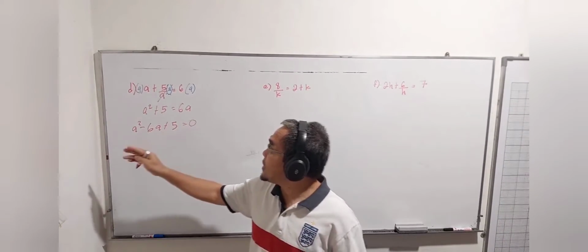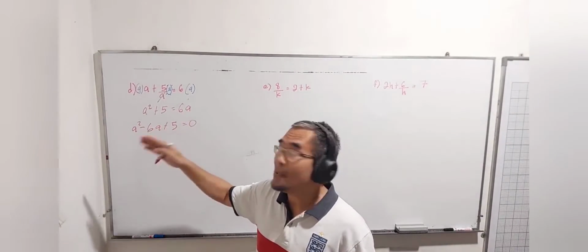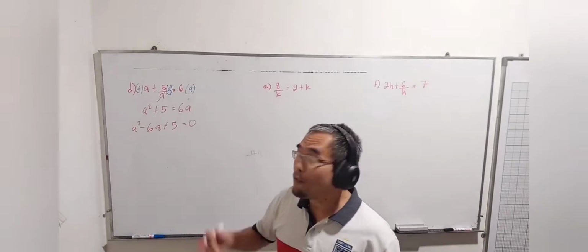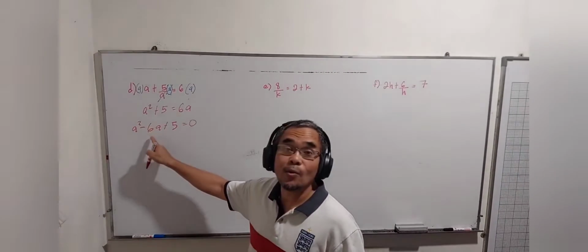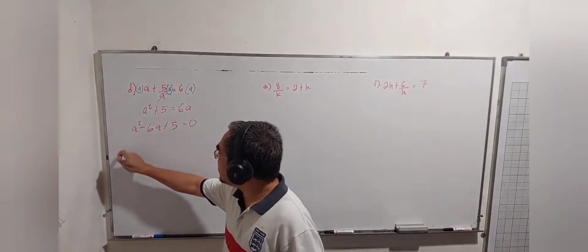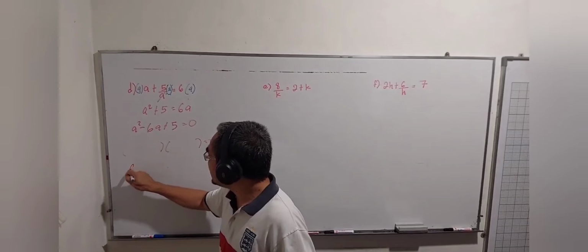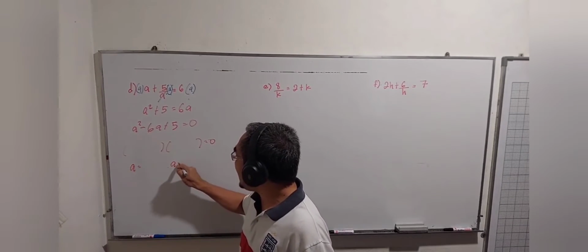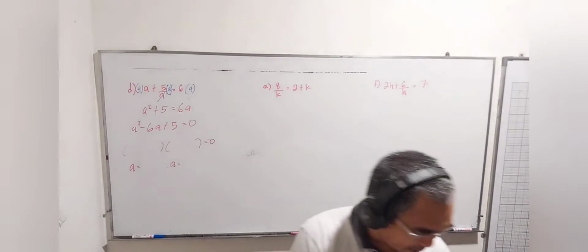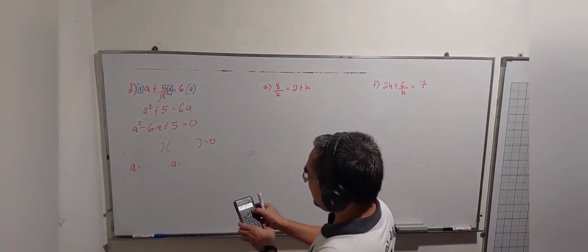So you should arrange them as A, B, and C. Not this A, but the coefficient of A squared will be A, the coefficient of A will be B, and C will be the number. Okay? And then just put your brackets and write down the two values for A, and get the value from the calculator using the factorization method.